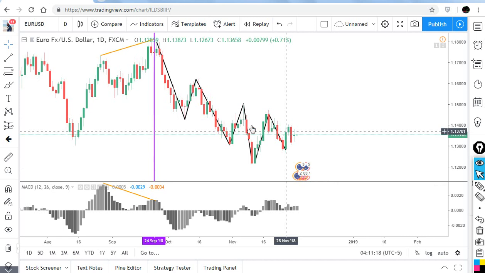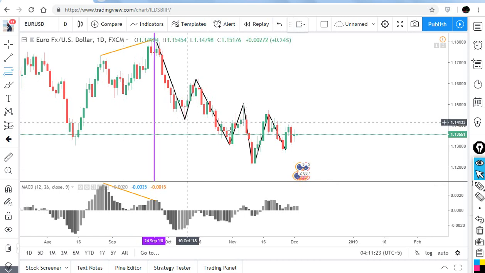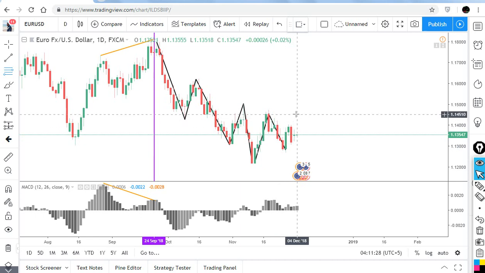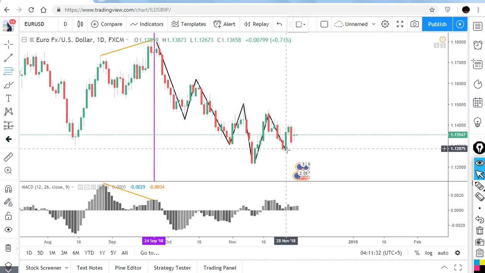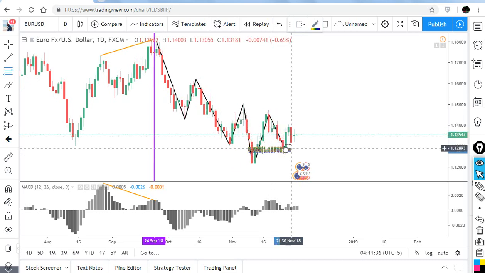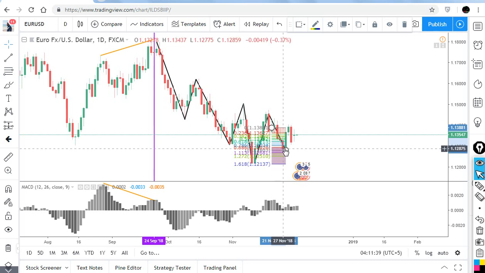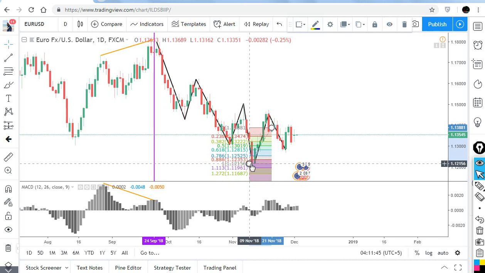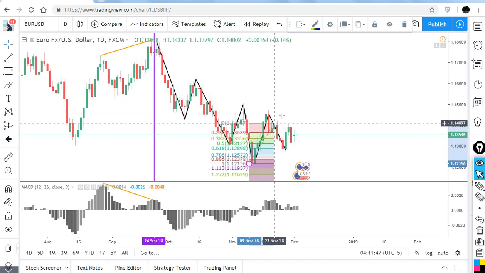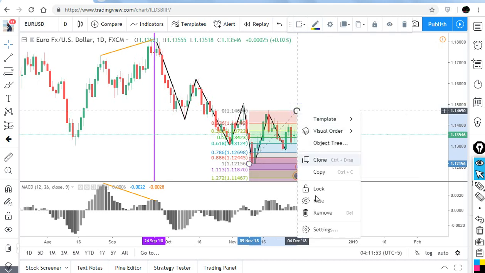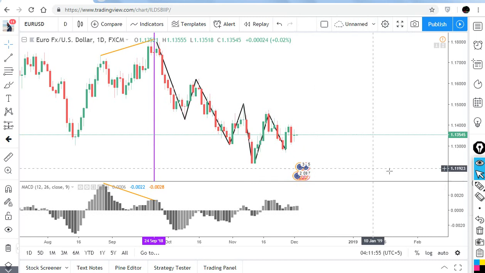This is not here, and according to Fibonacci, after this B, what will be the future of C? So you take Fibonacci from here to here for projection, or you will take it from here to here, because you need extension, so you need to move it in reverse, as I told you.